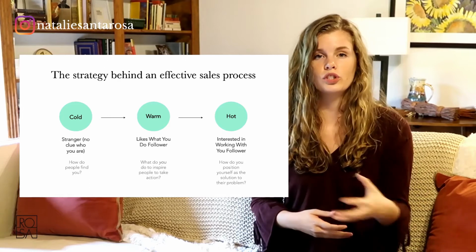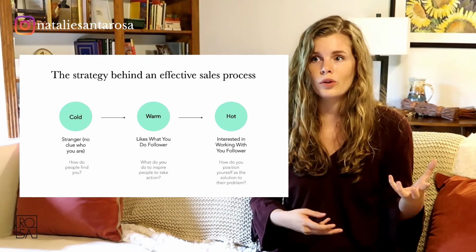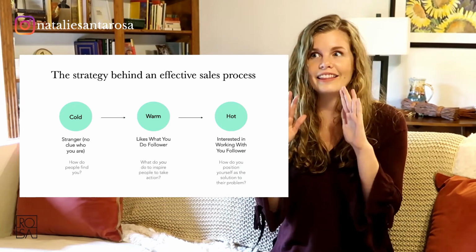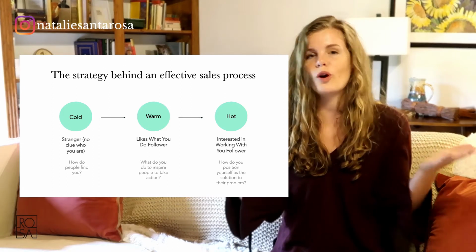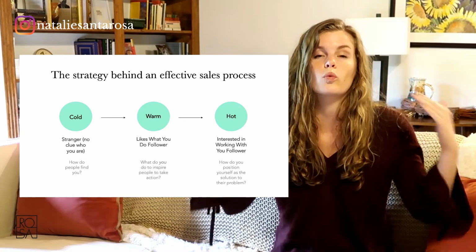We have one, which is cold, which is essentially just someone who doesn't really know you. Maybe they just stumbled upon you, but they really don't know if they even want to buy anything, or that might not even be on their radar at the moment. So you can see how if we only post content for people who are ready to buy, and we have people on there that are in the cold category, we're not going to be capturing those people, okay?